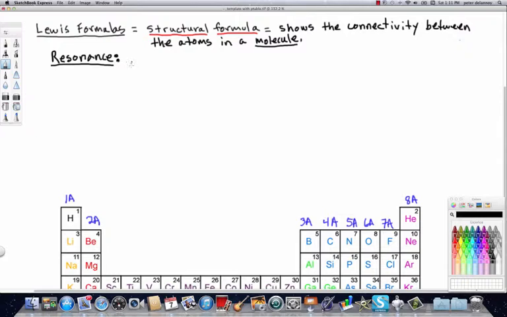Resonance is a phenomenon where more than one, and this is a key word in this definition, more than one equivalent Lewis formula, which I'm going to abbreviate as LF, is possible for a given molecule.